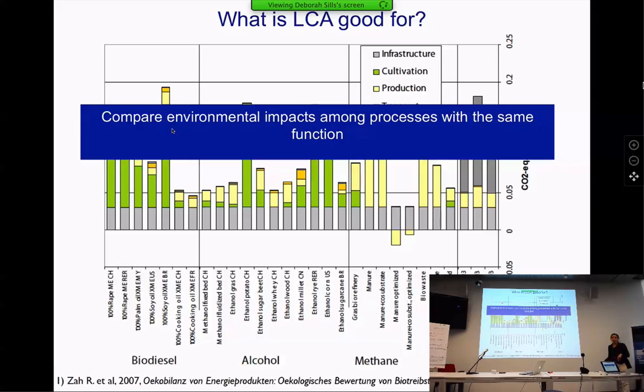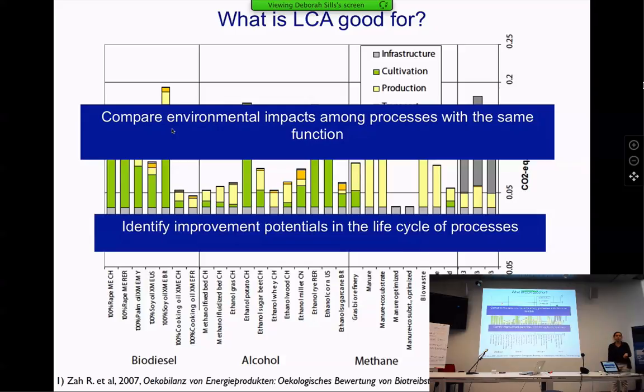This is an example of what LCA can be used for: it's really good for comparing processes. So I can decide whether I think ethanol from wood is better than low sulfur diesel, for example, in this case with respect to greenhouse gas emissions.